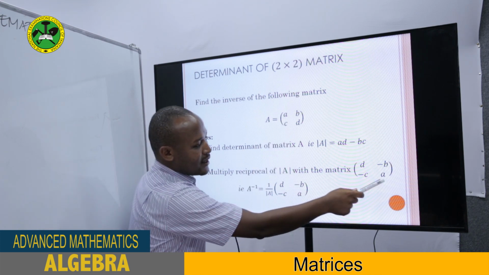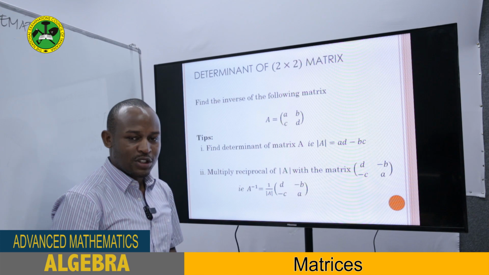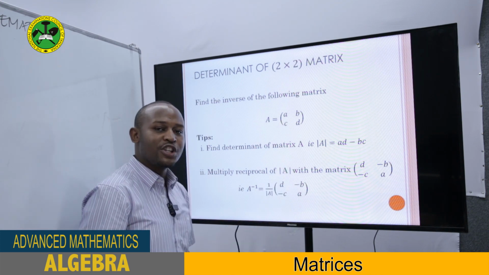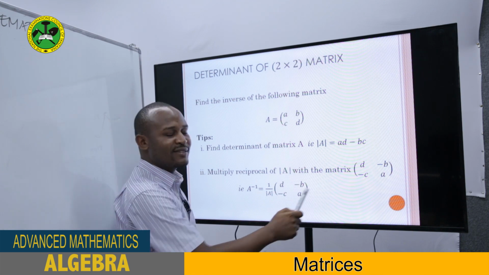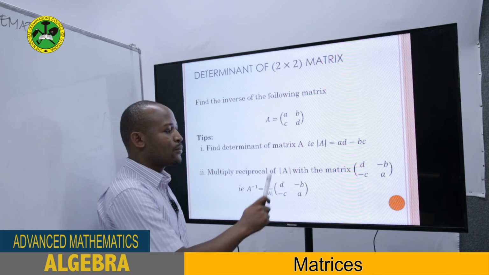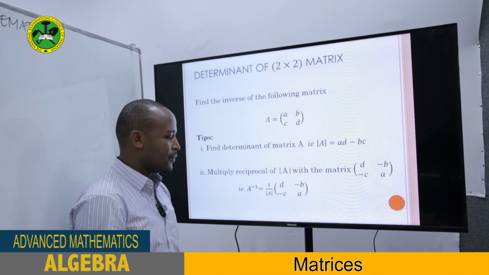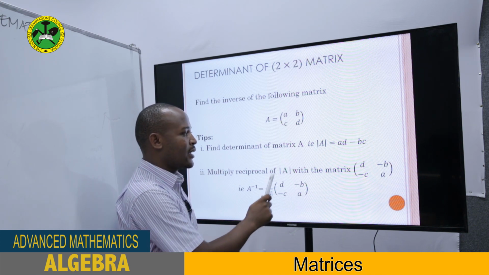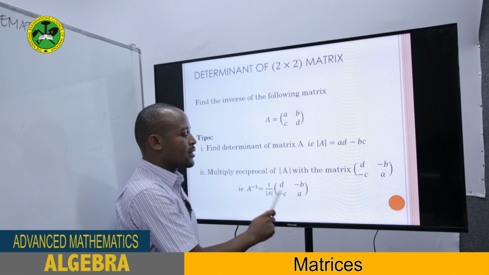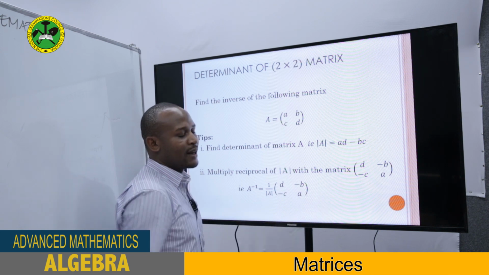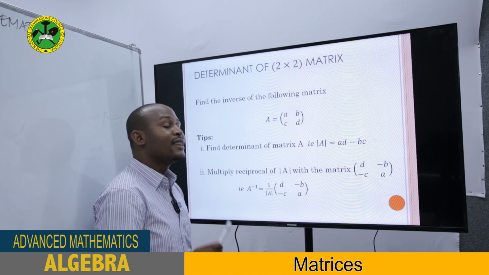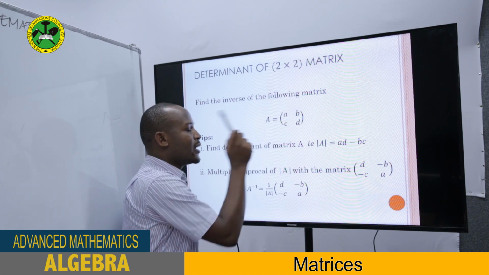That means that diagonal exchanges position, and the elements in the other diagonal exchange sign. If it was negative, it becomes positive, and if it is positive, it becomes negative. Then you multiply the reciprocal of the determinant with the matrix of that nature that you found there. The product from there will be the inverse of the matrix A.